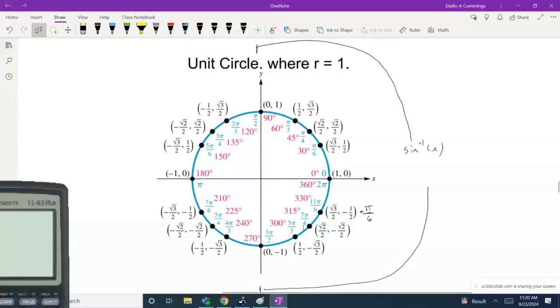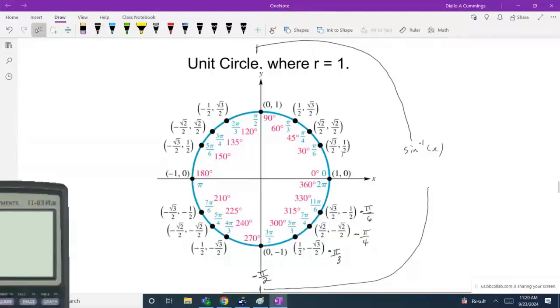7 pi over 4 becomes negative pi over 4. 5 pi over 3 becomes negative pi over 3. And then 270 degrees becomes negative pi over 2. Okay.